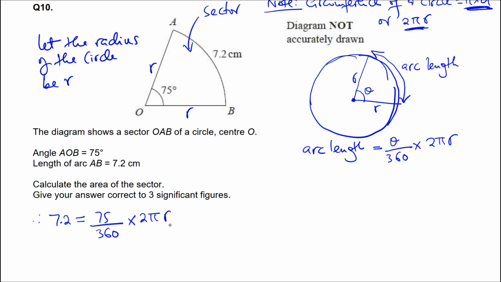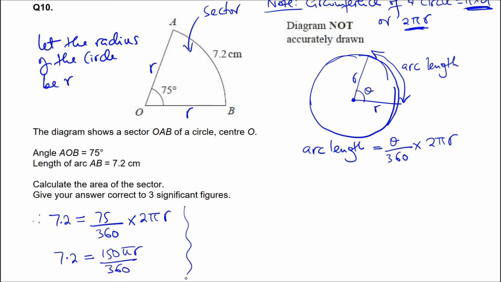Now, what this simplifies to is 7.2 is equal to 75 multiplied by 2 multiplied by pi, that will be 150 pi r over 360.